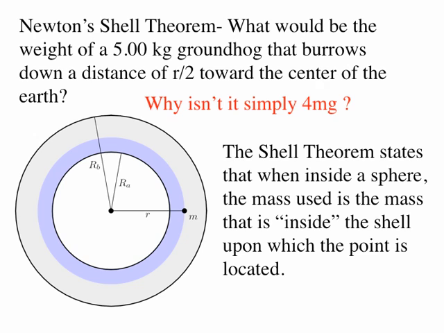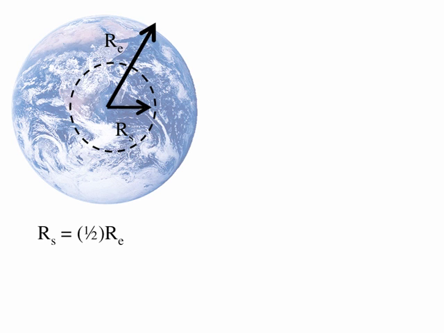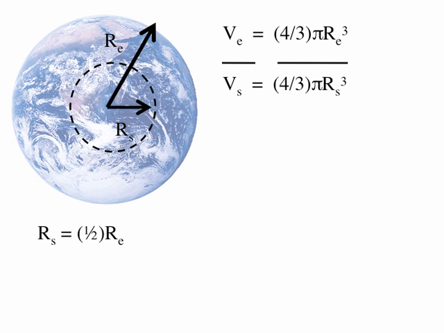So the mass above, so to speak, the groundhog isn't factored into this calculation. This is known as Newton's shell theorem. With this idea in mind, we can calculate what the groundhog would weigh by understanding how much mass the groundhog would be attracted to. The radius of the shell is half the radius of the Earth.